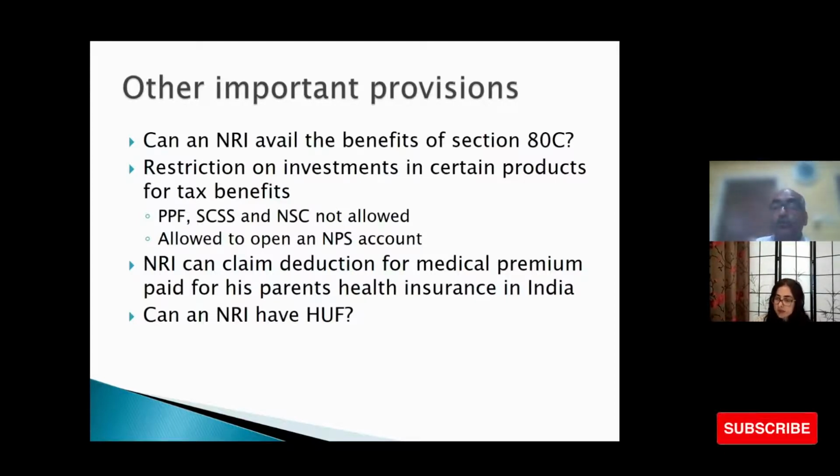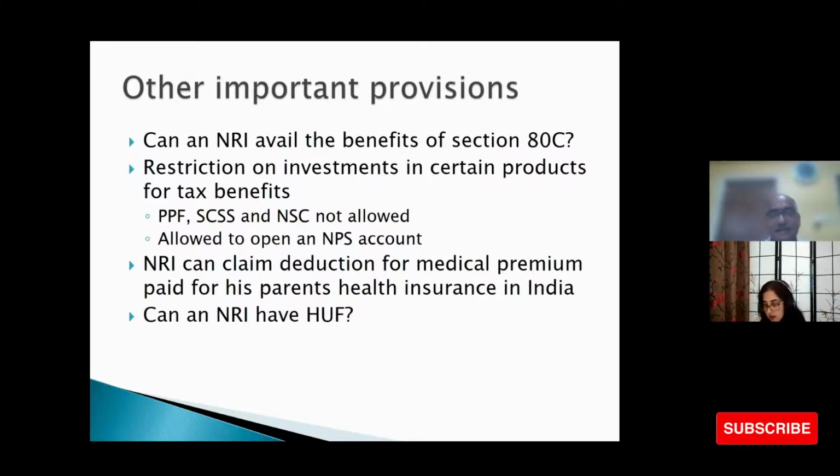And one more beautiful point about NPS is there is no upper limit up to which one can invest. Unlike the PPF, which has a 1.5 lakh limit per account, or the Senior Citizen Saving Scheme, which has a 15 lakh limit, there is no upper limit, but there is a restriction on the amount for which you will get the tax benefit.